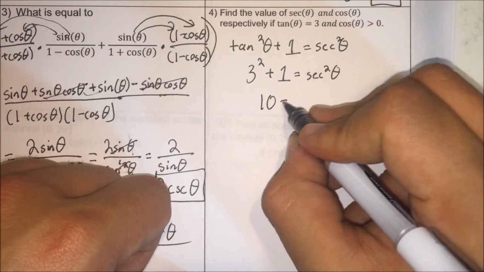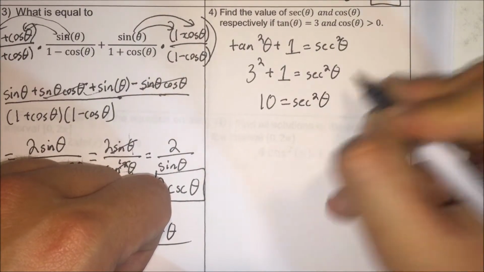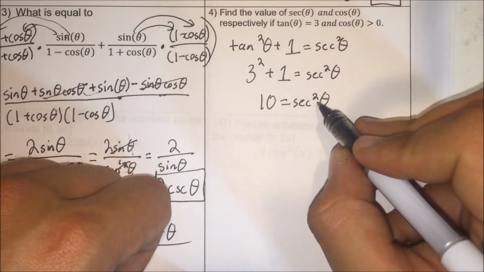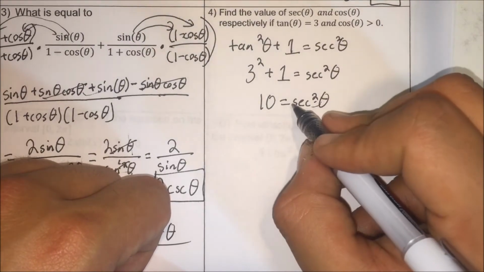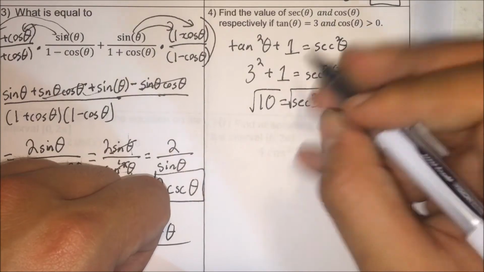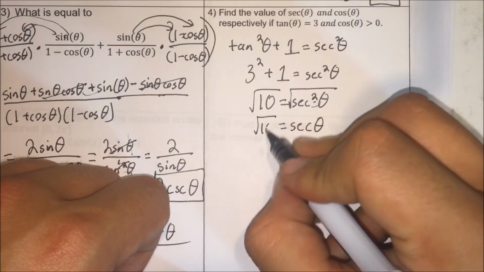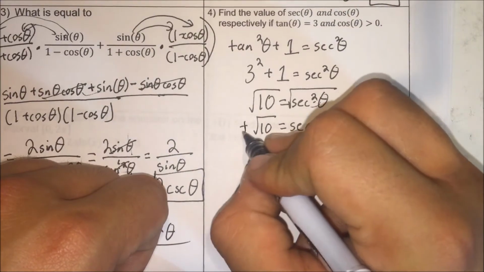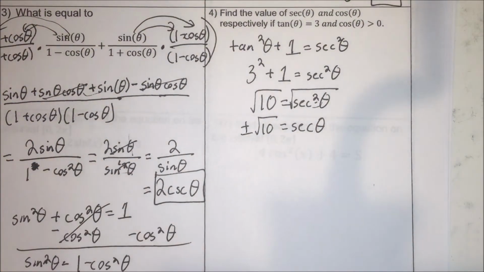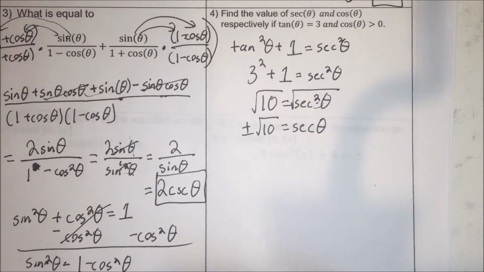That's going to be 10 is equal to secant squared theta. And whenever we have a square, we can get rid of that by taking the square root of both sides. So we get that secant is equal to the square root of 10, but remember, if you take a square root, you will need the plus minus in front. So the challenge here is that plus minus the square root of 10 is equal to secant.